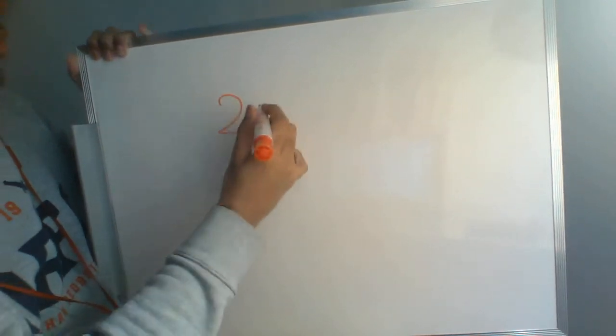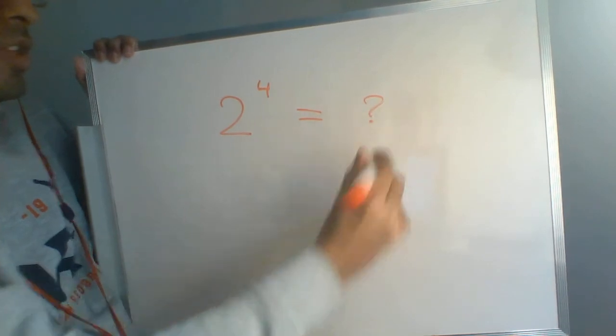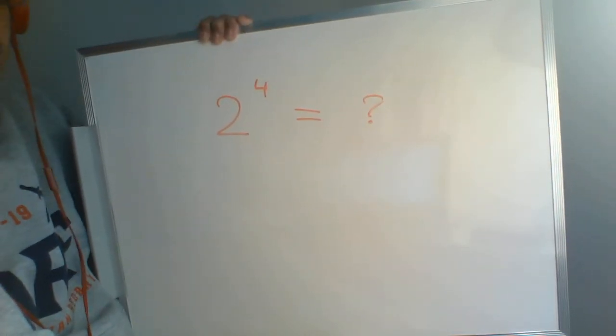So basically, if you think about it, what we started with is, let's say you had a number like 2, and you wanted to figure out what 2 to the exponent 4 was equal to. So we wanted to know this. 2 to the exponent 4 is equal to what?